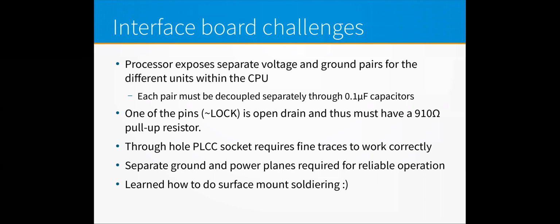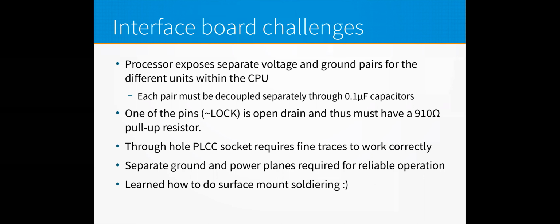You'll notice on the board there was a single resistor. That's because there's a lock pin, and the little tilde means you set it low to engage it. The lock pin is open drain, so you can wire it into other main devices on a bus, but it needs to be pulled up to prevent erroneous operation.